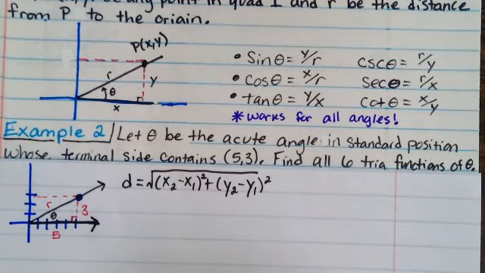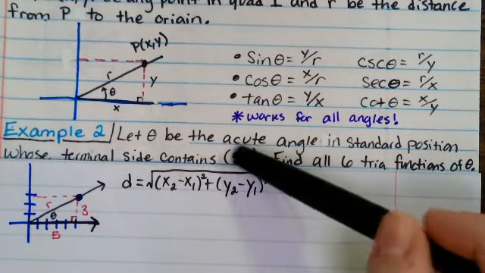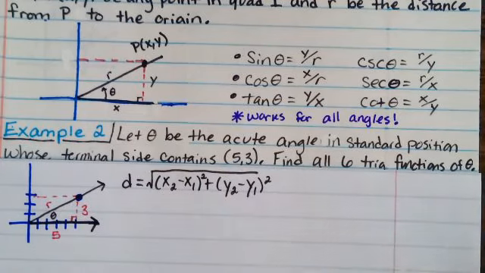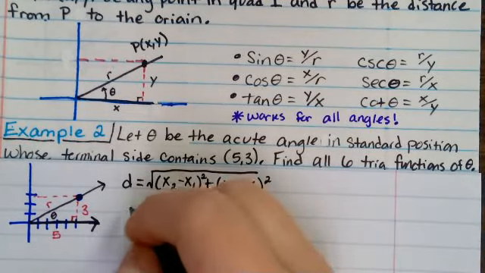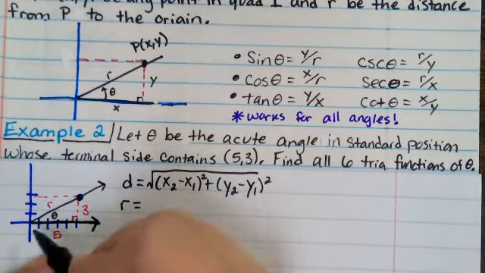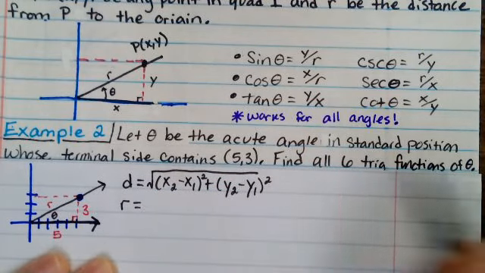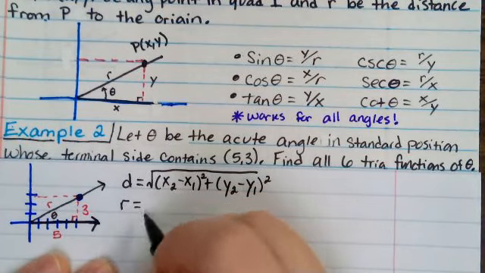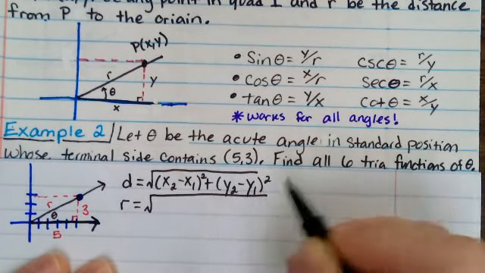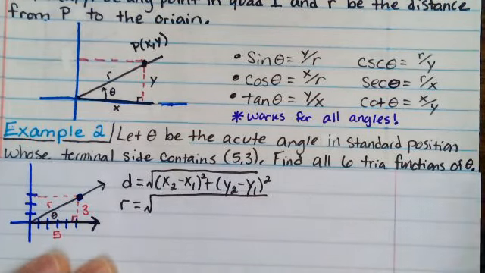Okay, and we're going to plug those in. So one of our points is 5,3. The other point is the origin, 0,0. So when I plug in my values, and we're going to call this r because I am finding the length of that section r, I'm going to let the 5,3 be my x2 and my y2.